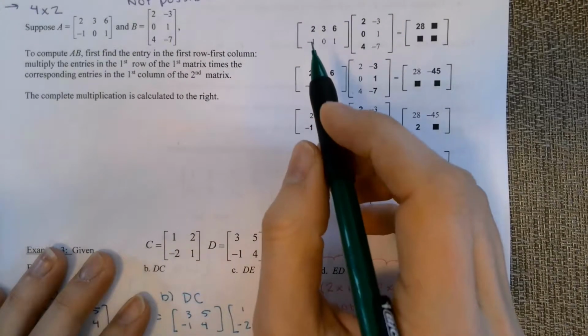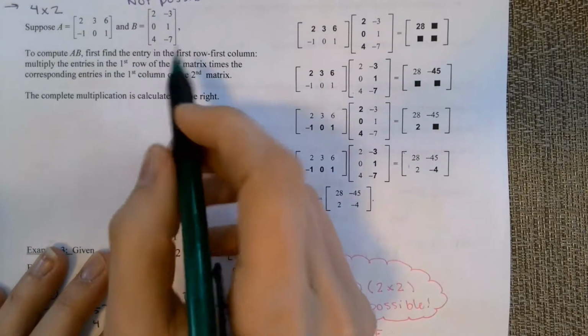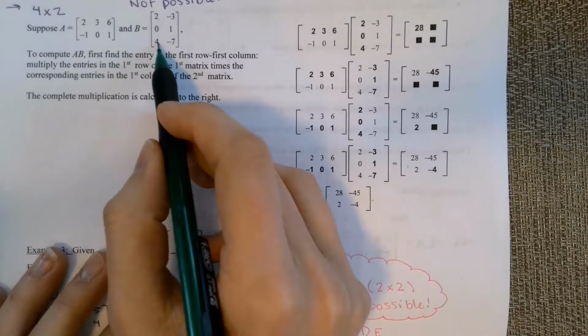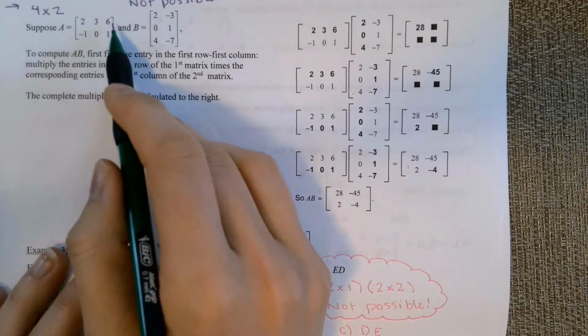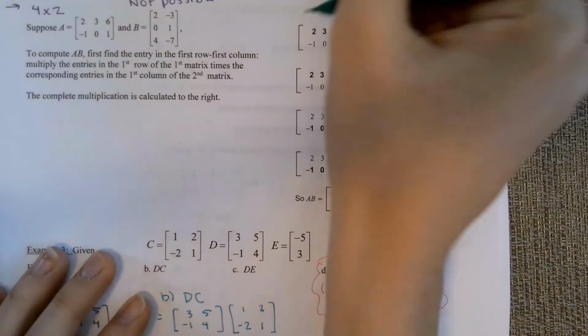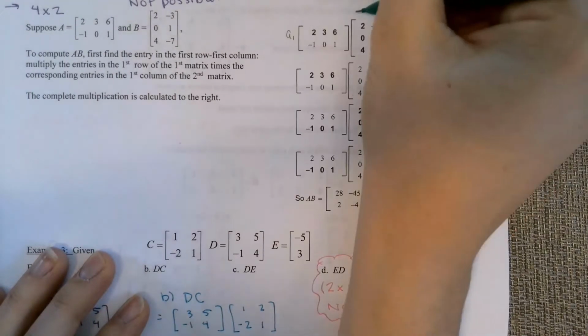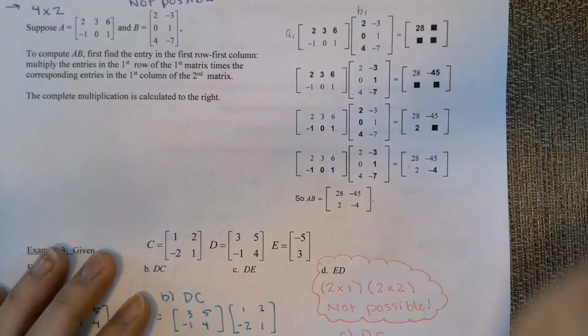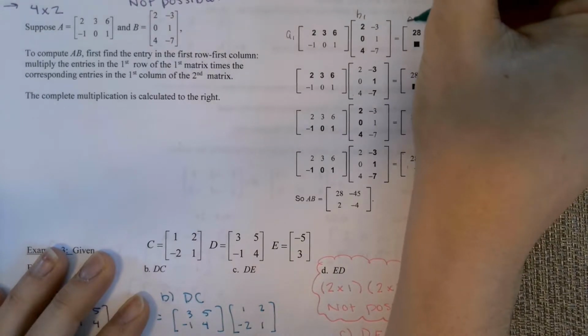So when I multiply the first column of B to the first row of A, that will give me the first entry. Notice that this is A1 and B1. Multiplying those two things together will give me, I guess we'll call it AB11.